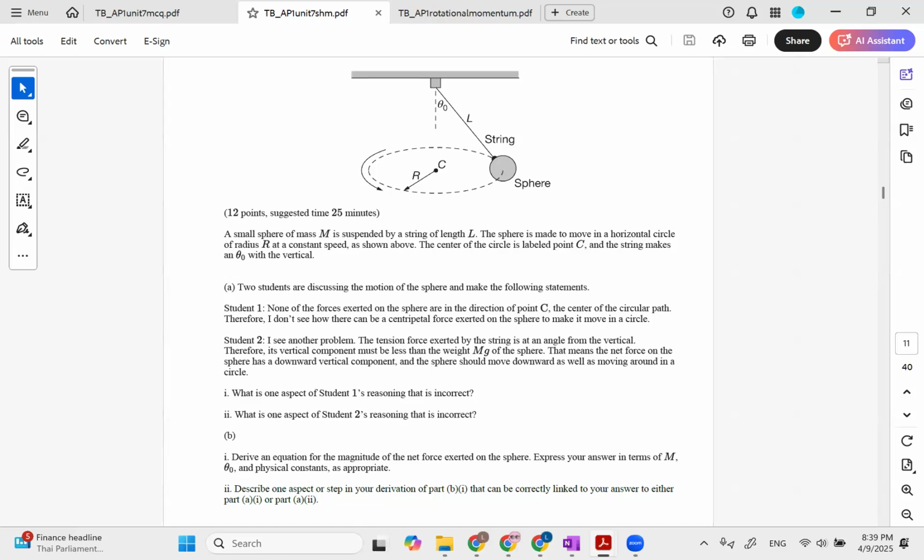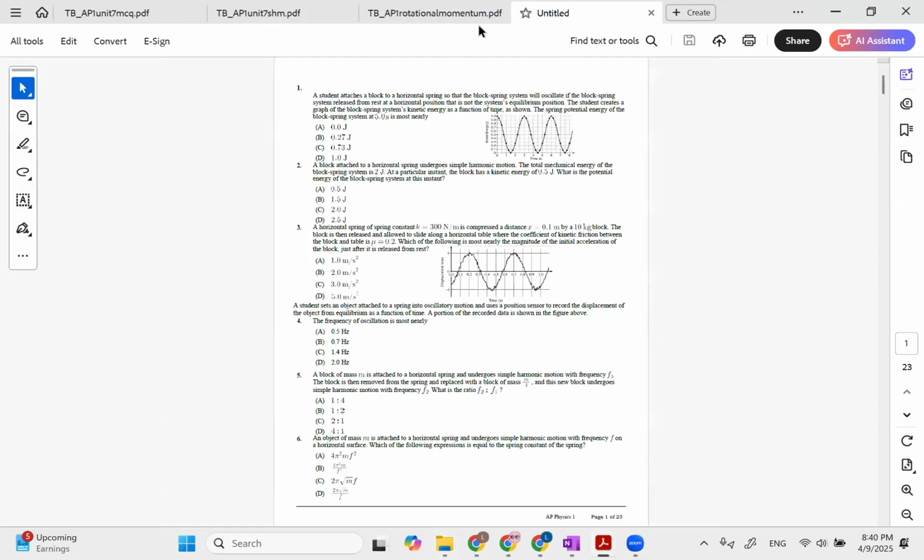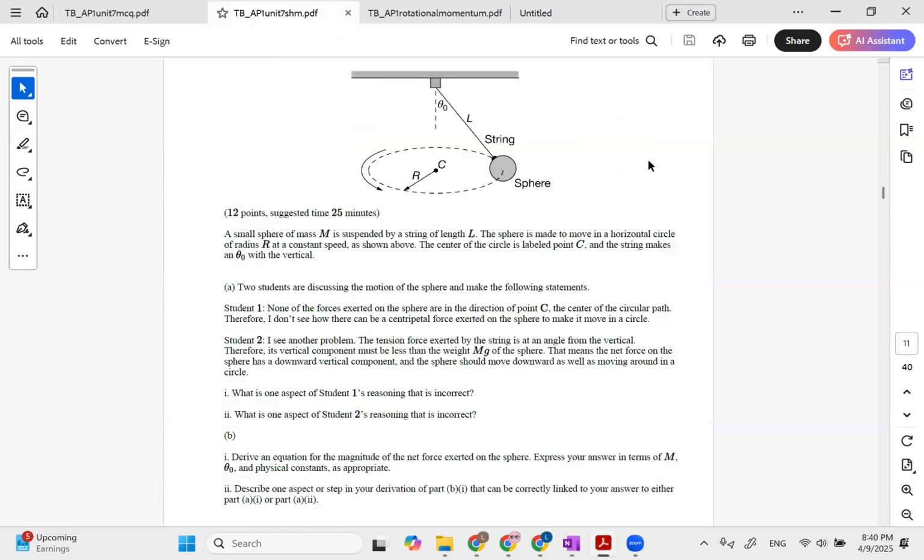Mia, you can read the question. A small sphere of mass m is suspended by a string of length L. The sphere is made to move in a horizontal circle of radius r at a constant speed, as shown above. The center of the circle is labeled point C, and the string makes an angle theta with the vertical.